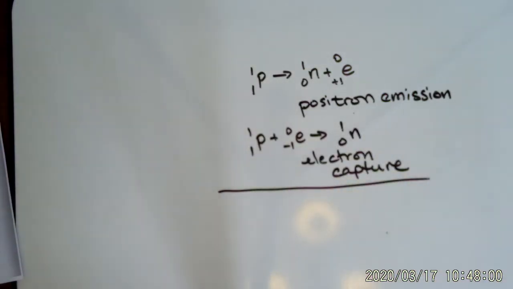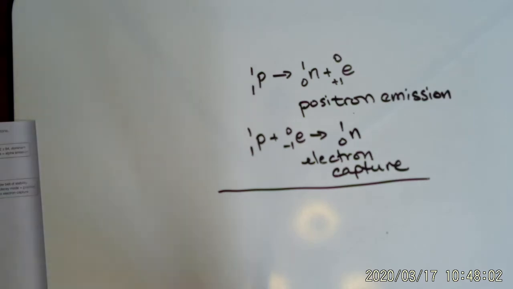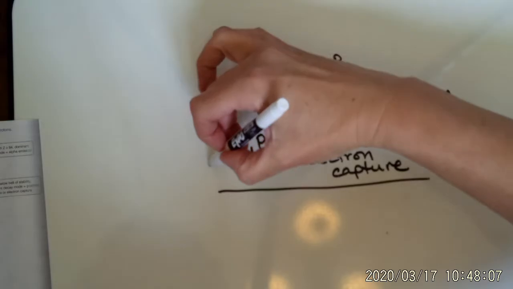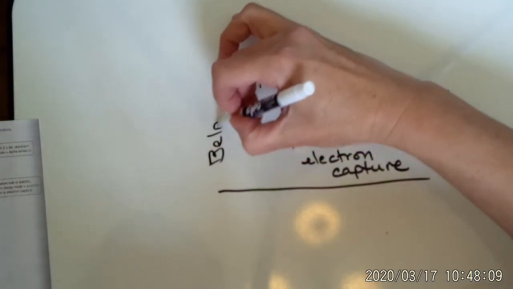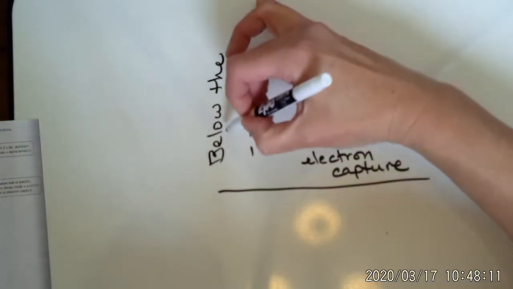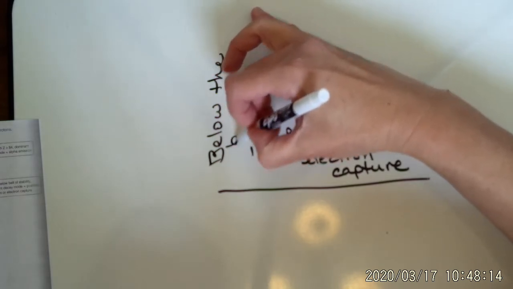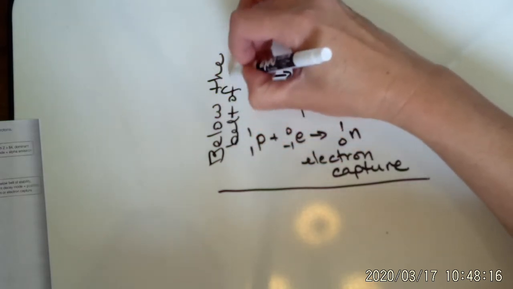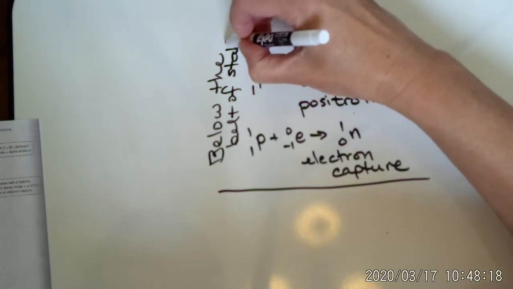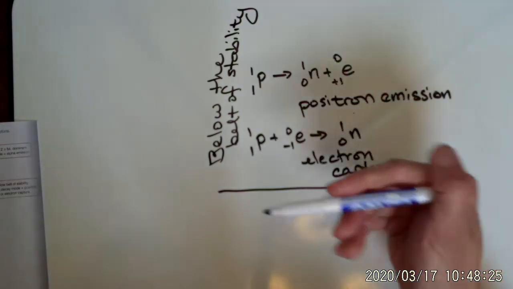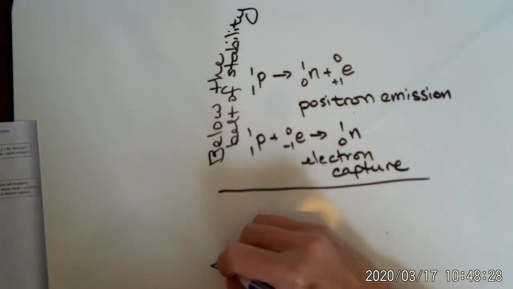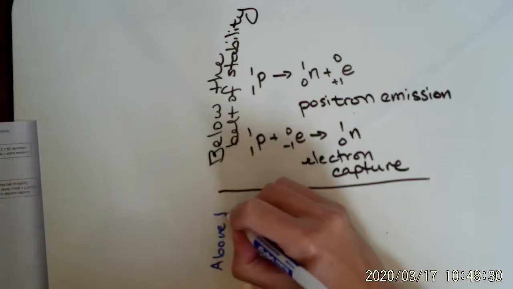Because remember, if I did a beta emission, I'll use that with a blue pen, just so you know. So this is below the belt of stability. And this is above the belt.